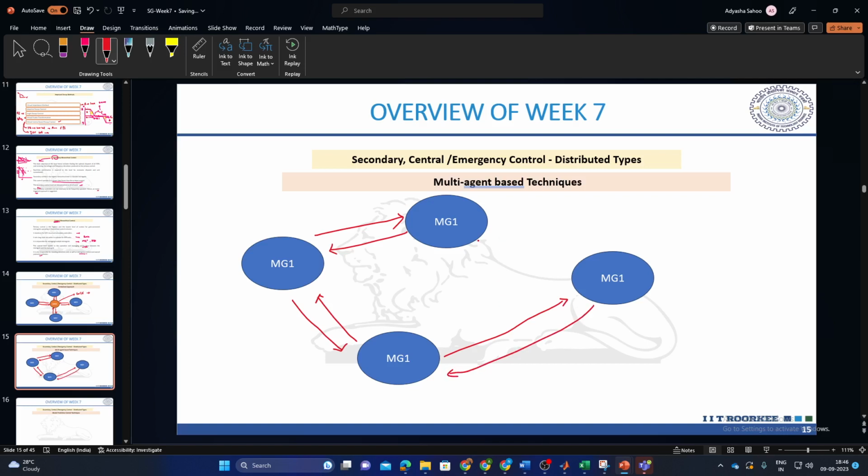So the communication here is only between the neighboring agents, and basically this will be 2, 3 and 4. By communicating with the neighbors, these local controllers can achieve the global target. With this we can say P2P communications.